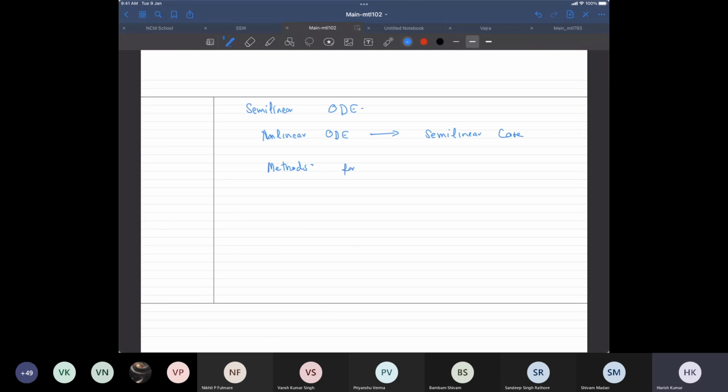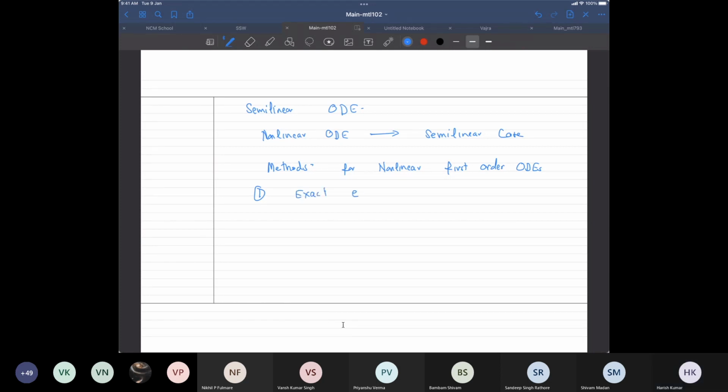Methods for nonlinear first order ODEs. Okay, so you already know all the methods, because the first year course was about methods only. So you already know what an exact equation is.